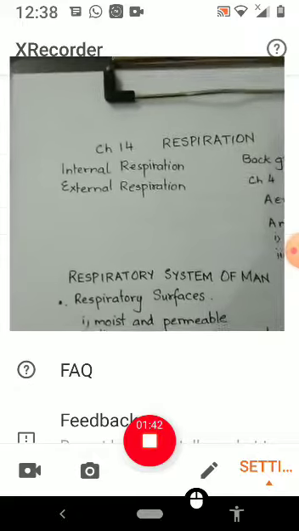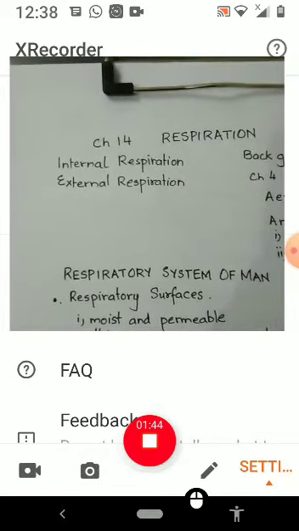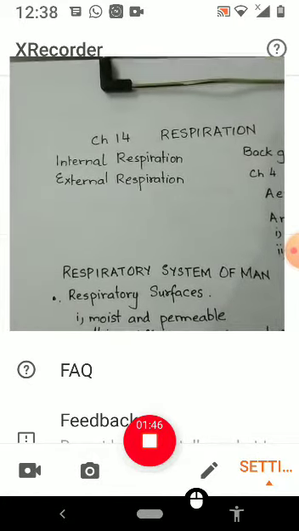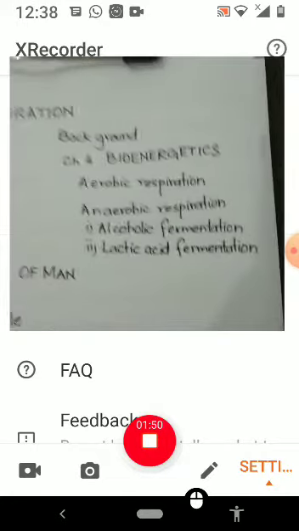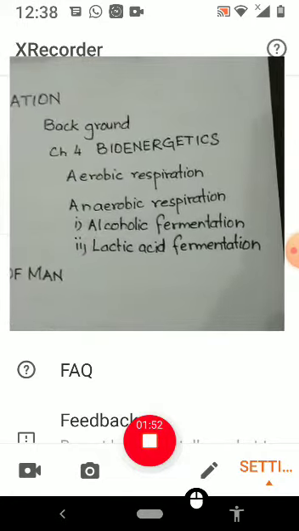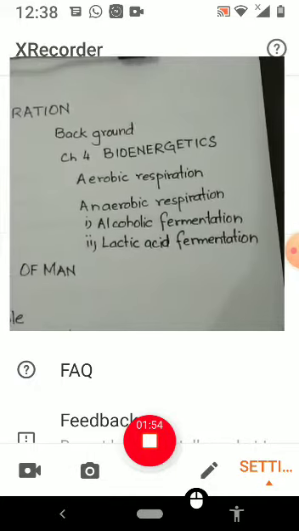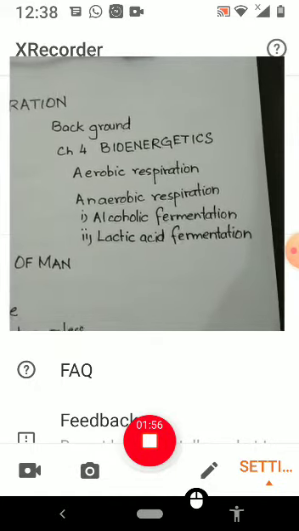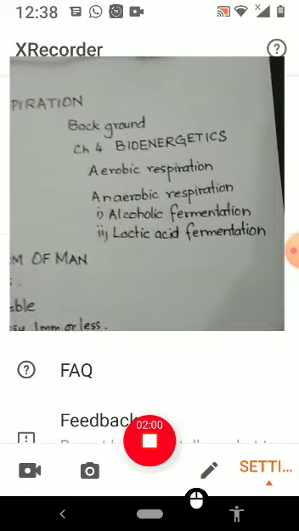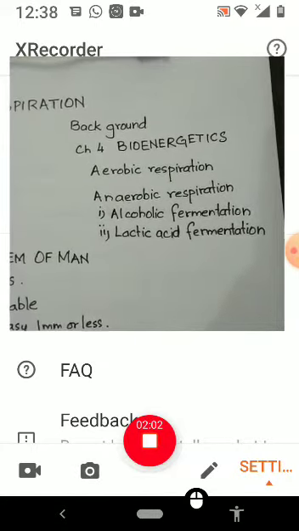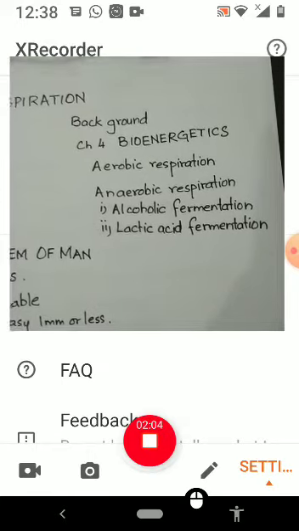You already have some background of internal respiration which we studied in grade 11th, chapter 4, bioenergetics. In this chapter you studied about respiration and its types, aerobic respiration and anaerobic respiration.